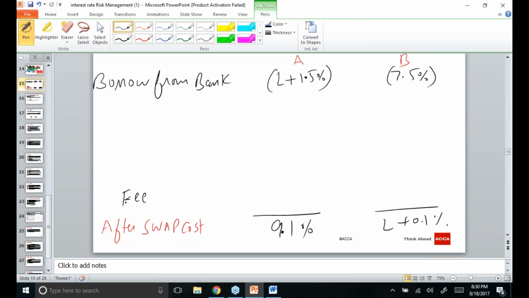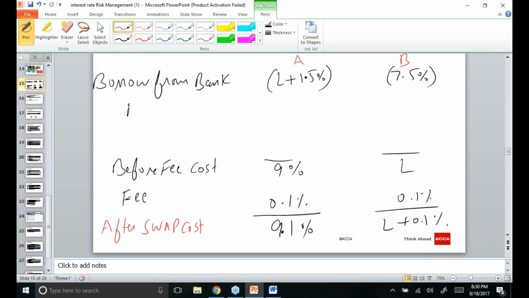And the fee of the swap agent was 0.1, which is included in this final cost. Before the fee, if this 0.1% is included in 9.1, the cost was 9% and it was only LIBOR.